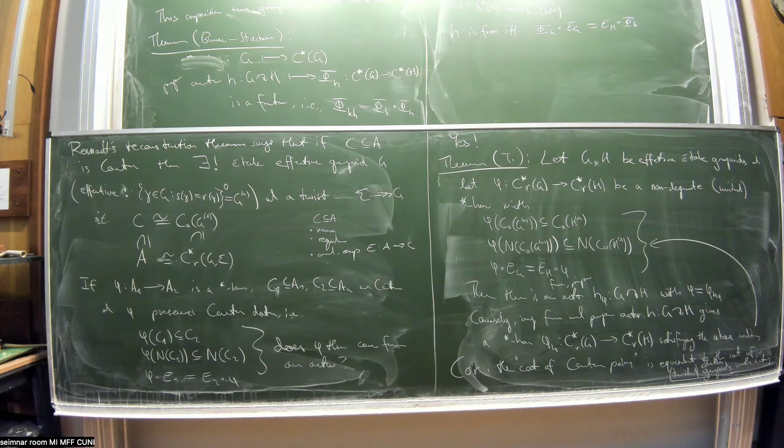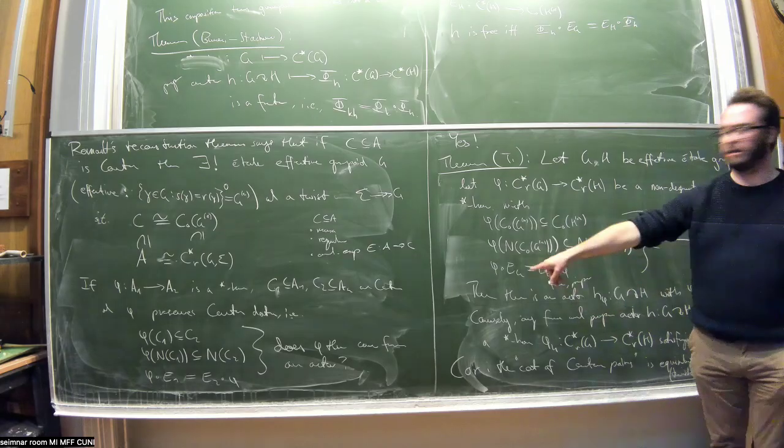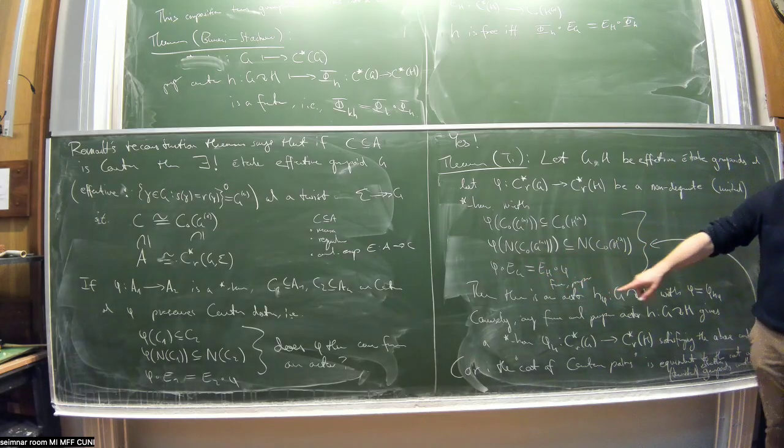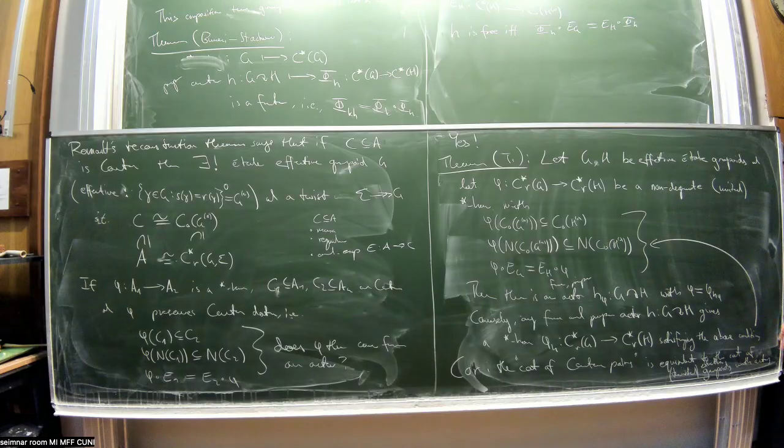But then for isomorphisms, is it enough to just preserve the Cartan? For isomorphisms, it's enough to just preserve the subalgebra. This is because for an isomorphism, and in general for a surjection, you will automatically intertwine the conditional expectation, because the conditional expectation is unique. Not surjections, injections. One of the two. I can't remember which one.